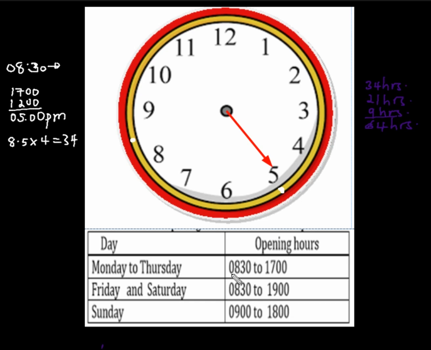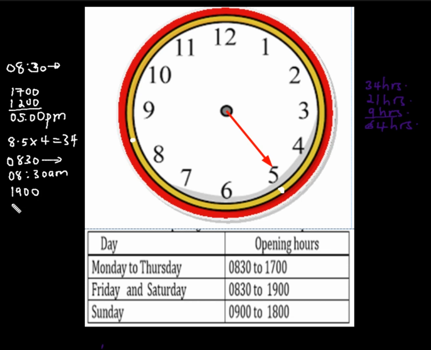Now, let us go to Friday and Saturday. They are telling us that the coffee shop is open at 8:30 to 19 hours. I'm repeating. Friday and Saturday, it is open at 8:30 to 19 hours. We have to convert 8:30 to 12-hour clock, and that is 8:30 a.m. Yes. Now we are going to convert 19 hours to 12-hour clock.